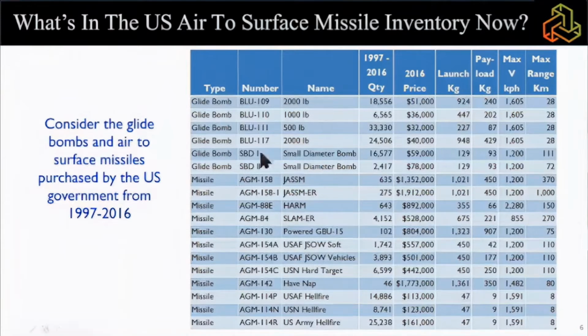You see glide bombs up here at the top, missiles down at the bottom. We have their quantities, their prices, and these attributes here. So you might ask yourself, what could we do with a database like that? Well, let's take a look.